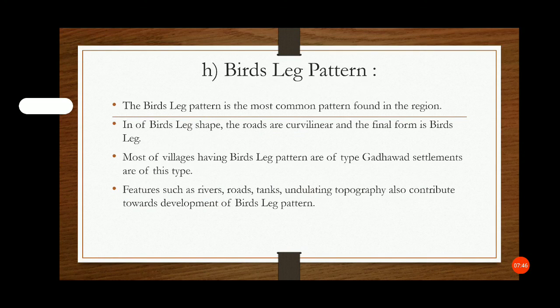Then the bird leg pattern. In a bird leg shape, the roads are curvilinear and the final form is a bird leg. Most of the villages having a bird leg pattern are of this type.